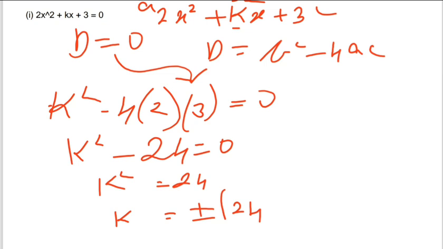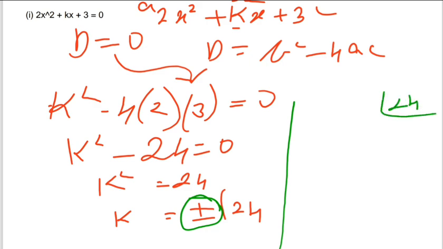Whenever we are taking square from LHS to RHS, it changes to root, and we should add plus or minus. This is important. Okay, so we can simplify root 24 by using prime factorization. 24 is 2 12s, 12 is 3 4s, and 4 is 2 into 2.